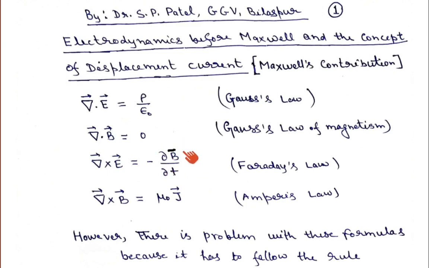Here time dependent phenomena are involved, but in the Ampere equation there is no time dependence. And if you go back to the magnetostatic part, when we calculated this curl of B, we assumed that it is mu 0 j.